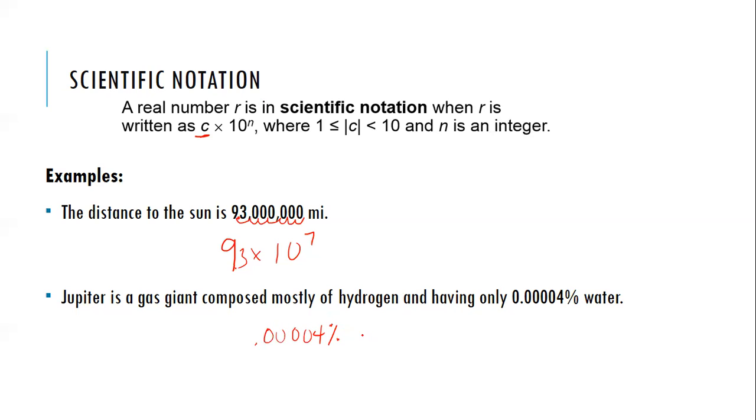How do you convert from a percent to a decimal? You move the decimal place to the left or to the right? There we go. So if I want to go from percentage, I'm going to move it.